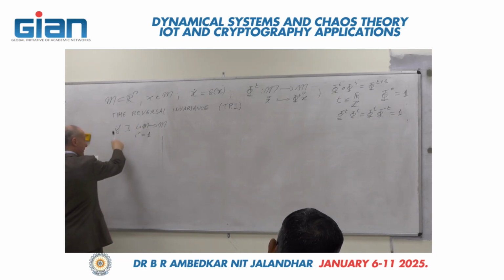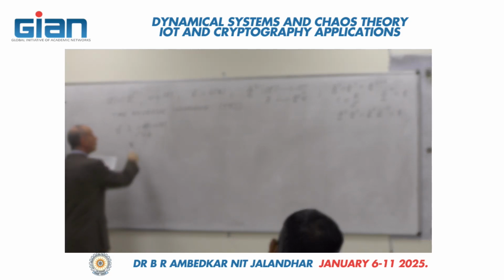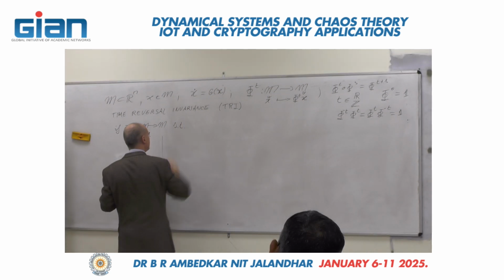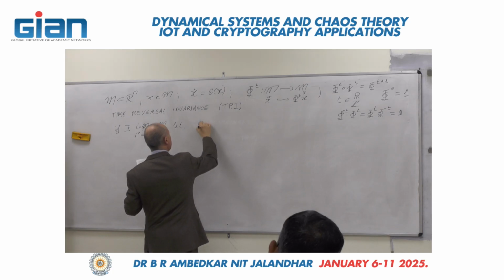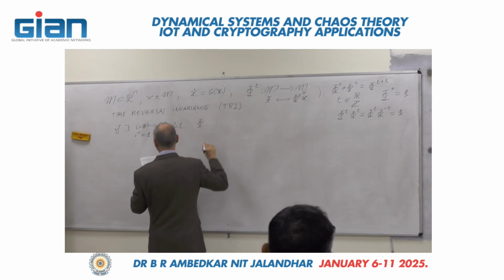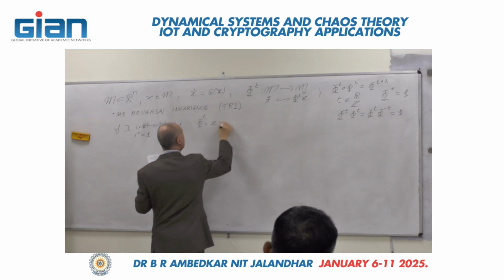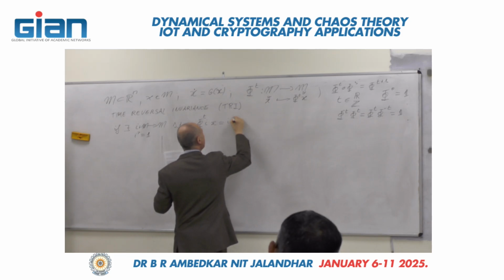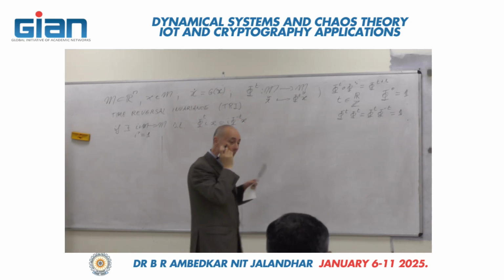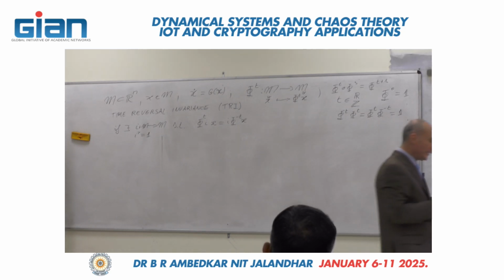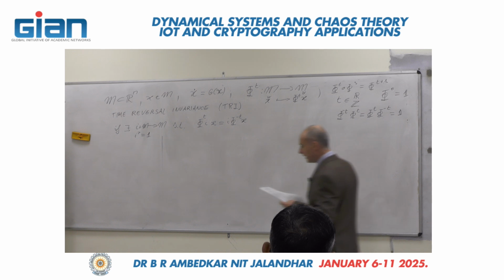Then, time reversal invariance holds if there exists an involution, okay, an involution is a unitary operator which has this property, if there is an involution such that the evolution forward in time combined with I, applied to any x, phi t I x, is equal to I phi minus t x. Okay?